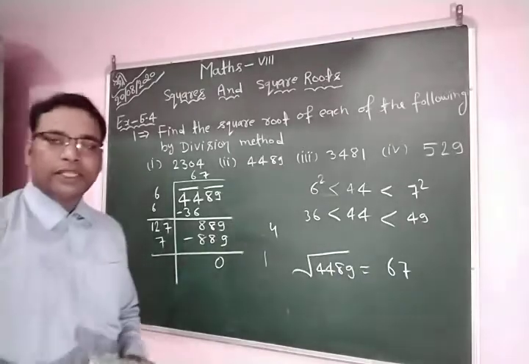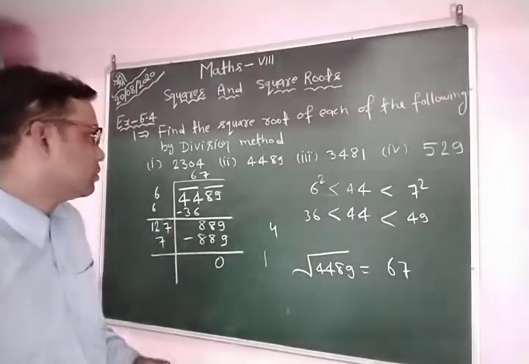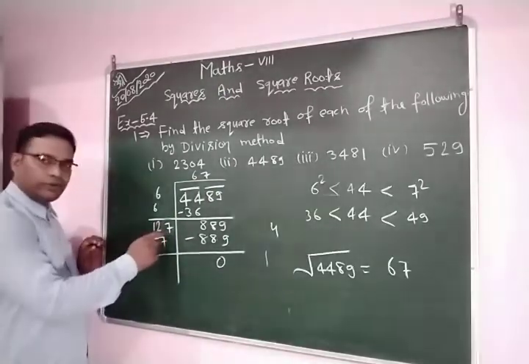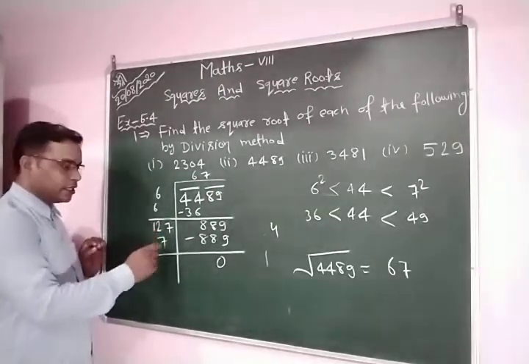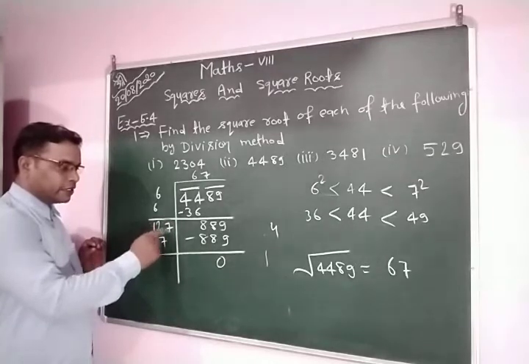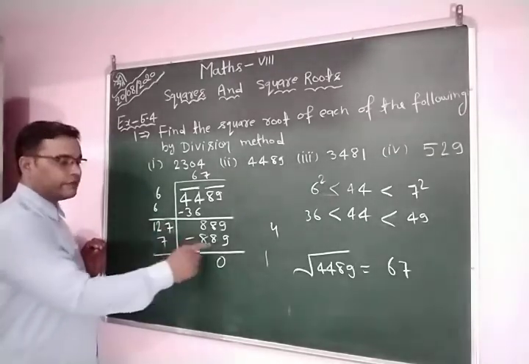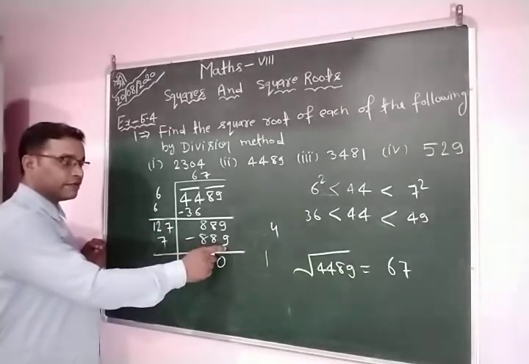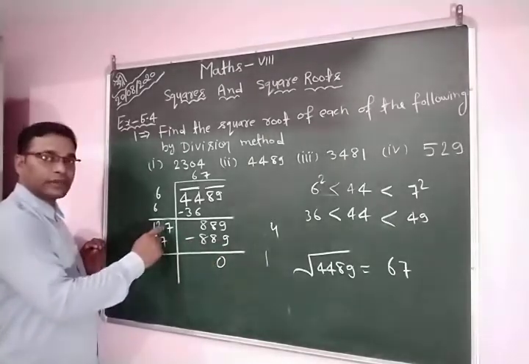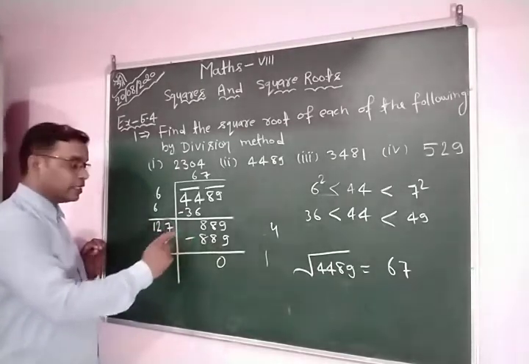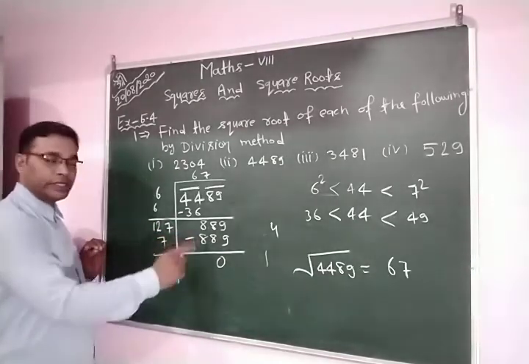88 divided by 12 gives quotient 7. So you put here 7, and again 7 on the right of the new divisor. You multiply this divisor by 7: 7 times 7 is 49, carry 4; 7 times 2 is 14, 14 plus 4 is 18, carry 1; 7 times 1 is 7, plus 1 is 8.